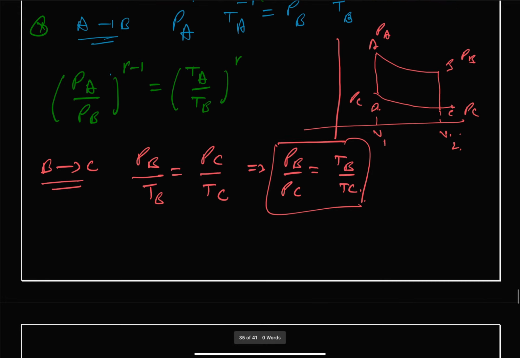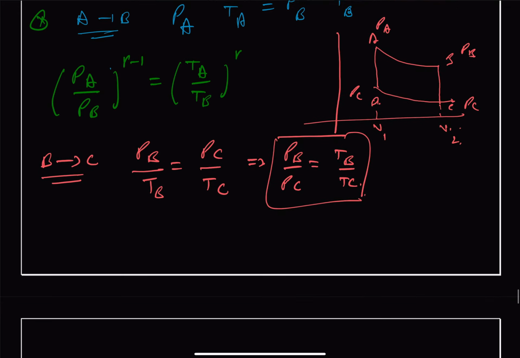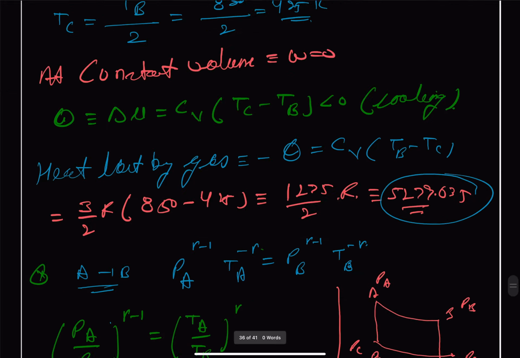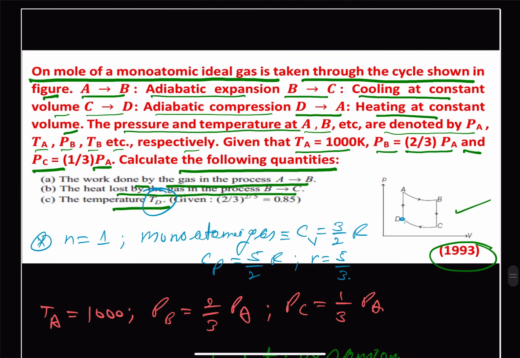Now we come to path CD. For path CD we get PD upon PC. Path CD is adiabatic compression and path AB is adiabatic expansion.